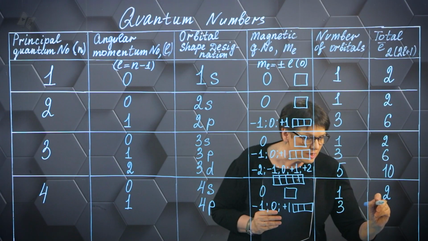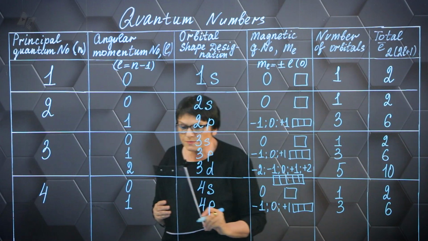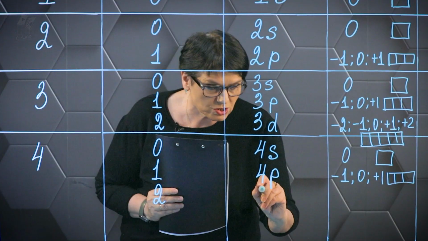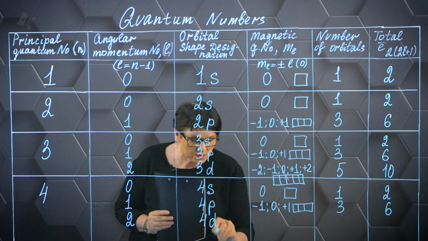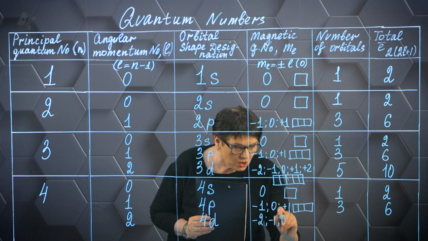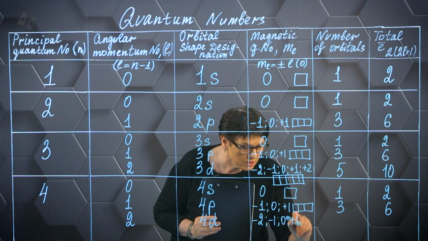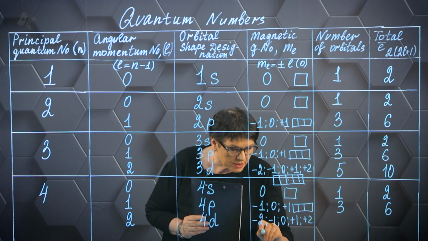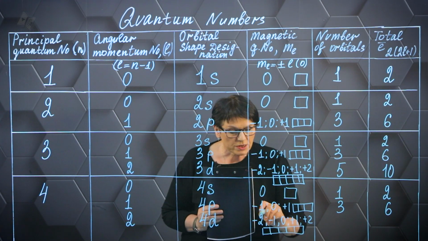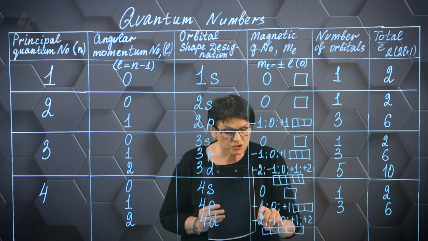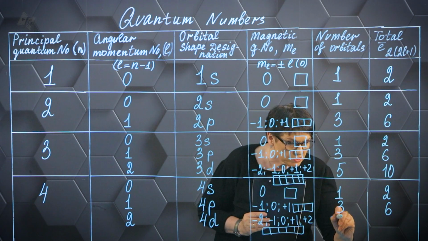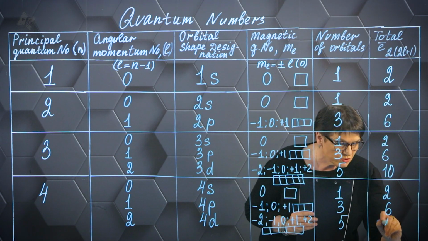There are 3 orbitals and the number of electrons is 6. Then you add a d sublevel, orbital number 2. That would be 4d. That would be -2, -1, 0, +1, +2. And we're going to have 5 cells here, with the same sequence, -2, -1, 0, +1, +2. There's 5 orbitals, and there will be 10 electrons.